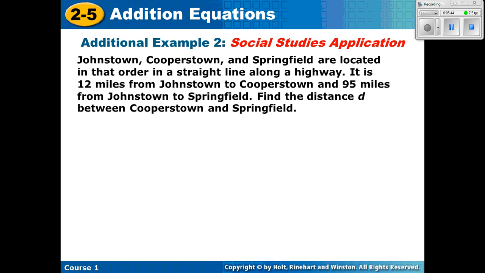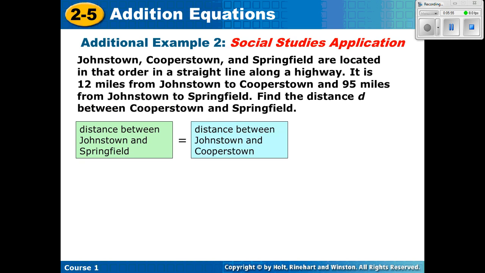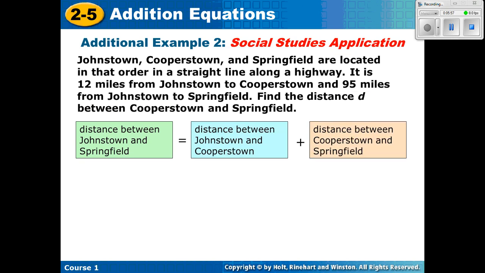Pause this video and try to work this one out on your own. A way that can help you to do word problems like this is if you draw these little boxes and you write in exactly what it's asking you with the words. It says Johnstown, Cooperstown, and Springfield are located in that order in a straight line along a highway.